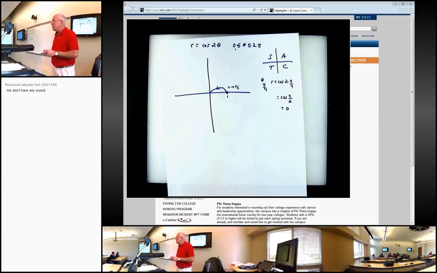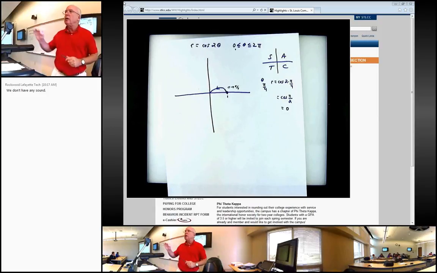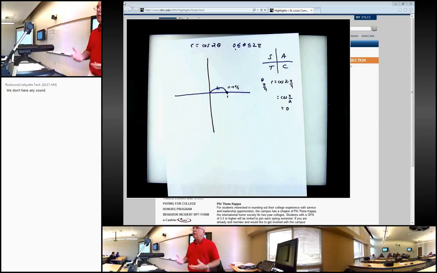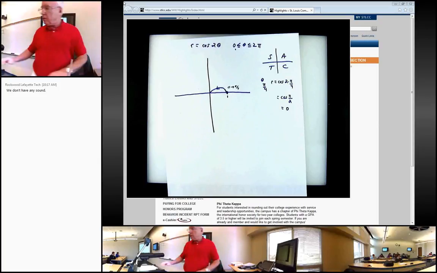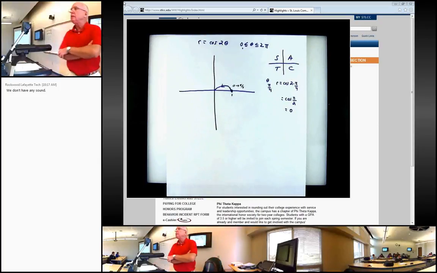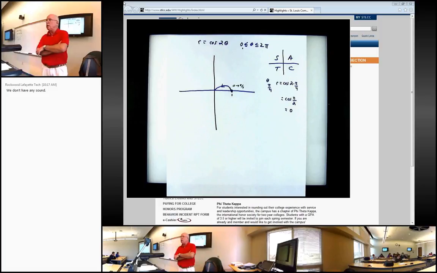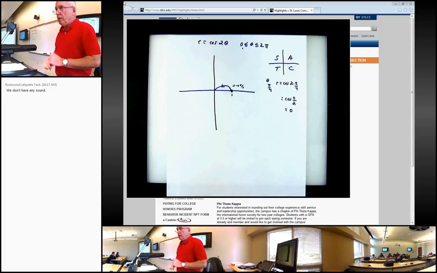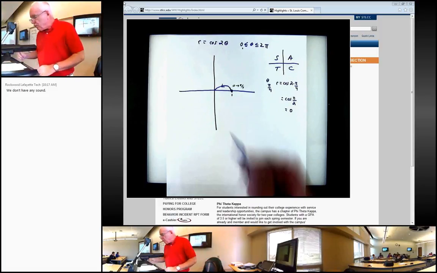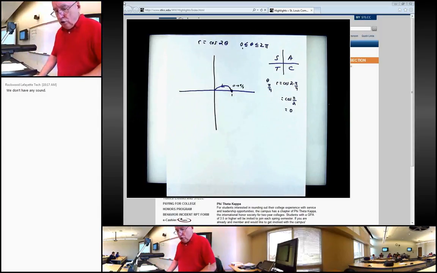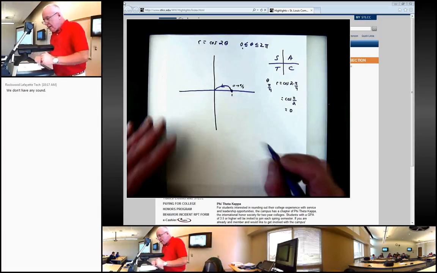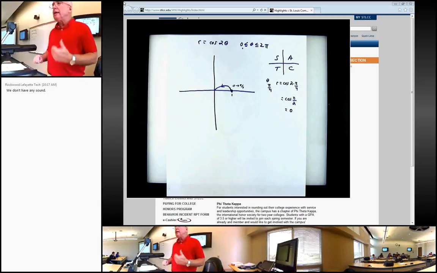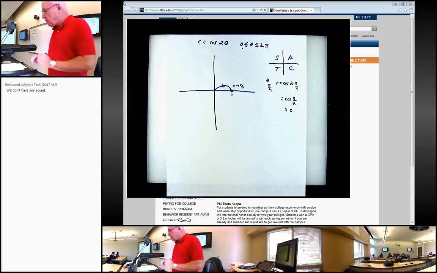Any question on that? I didn't do the details of the other points in between. We know that it's going to be positive values because cosine is positive in the first quadrant. Okay, we all right with that? Okay, let's then go from pi over 4 to pi over 2. Now, when this happens, our cosine now ends up in the second quadrant.